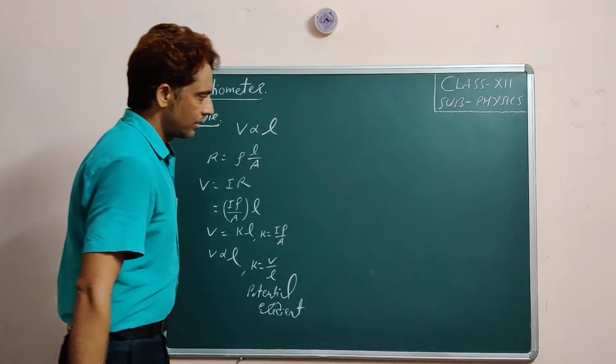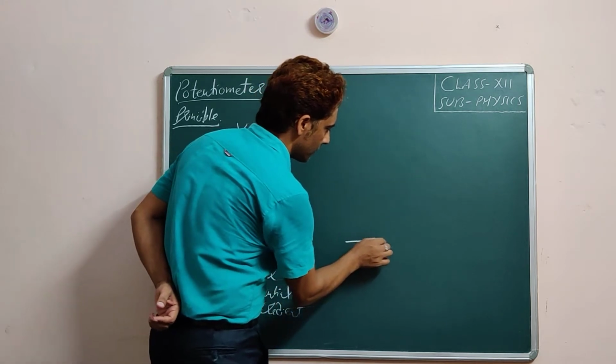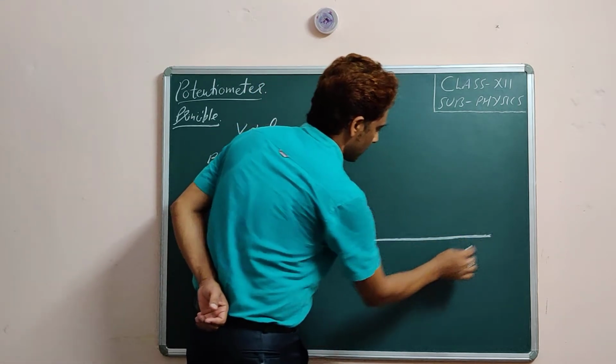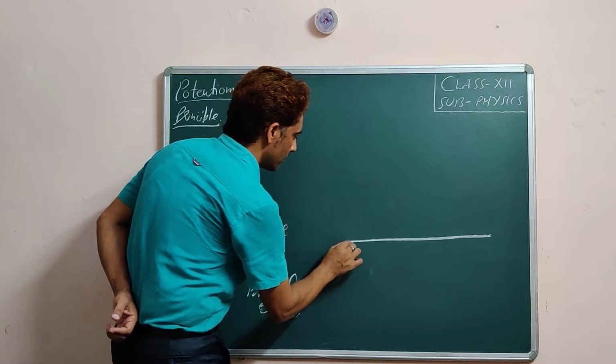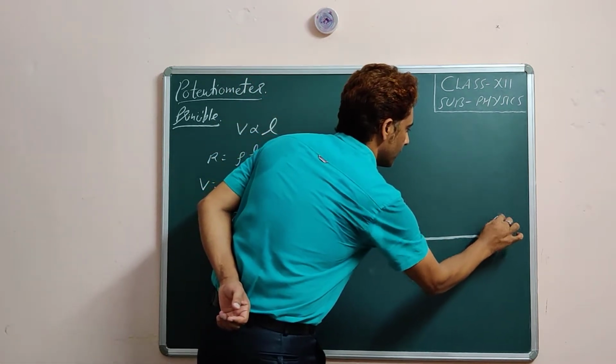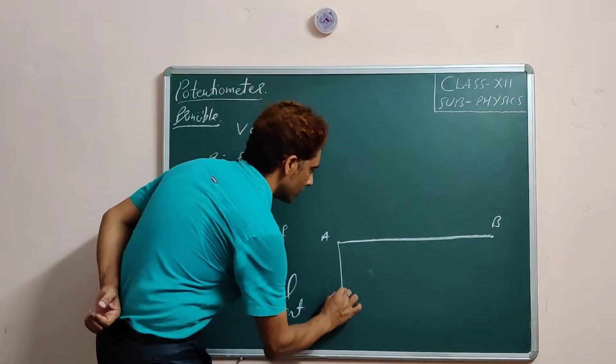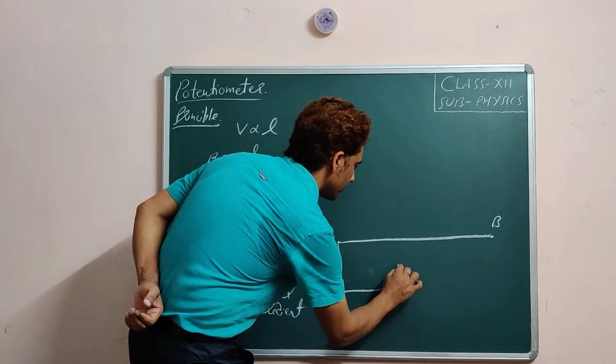Now let us understand this principle. Let this AB be a wire which is connected across source of EMF.